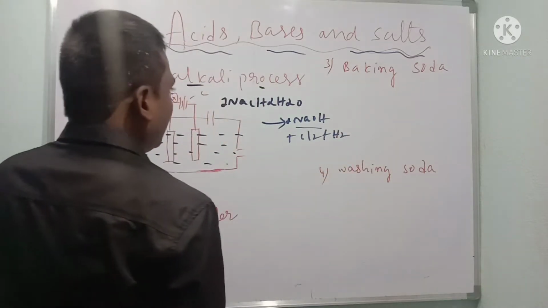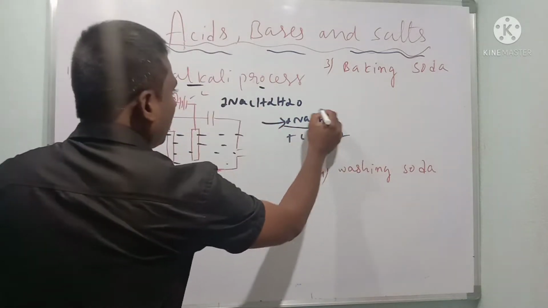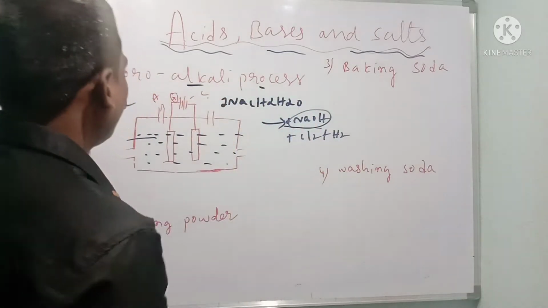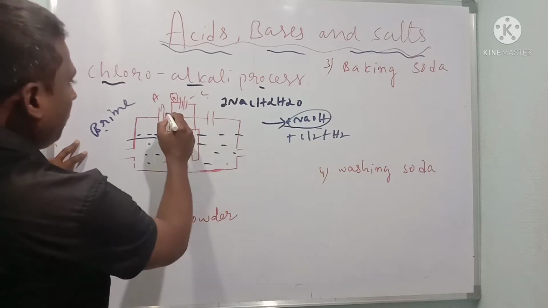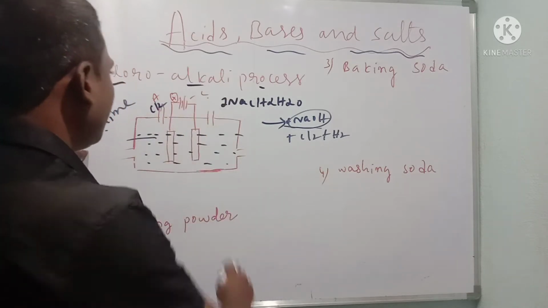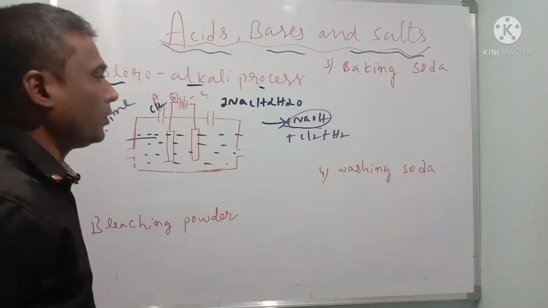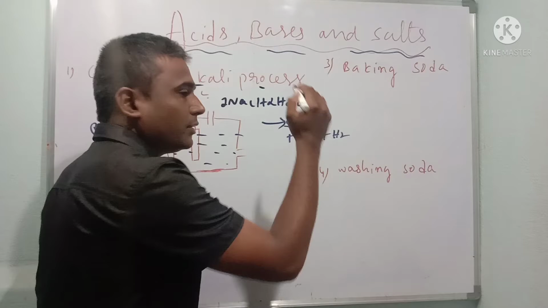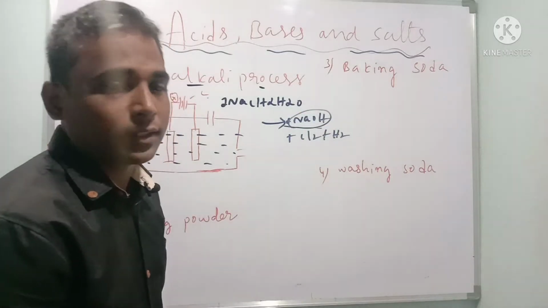Very important thing here: sodium hydroxide is collected at the cathode and chlorine gas comes at the anode. This is called the chloroalkali process. In the exam, the importance or uses will be asked, that is a fixed question.